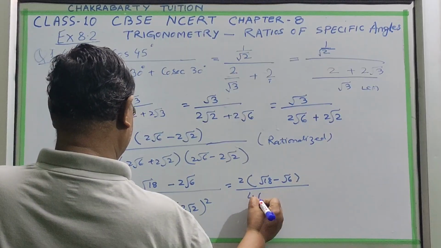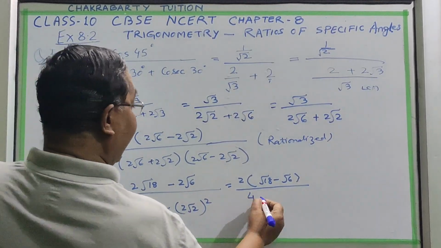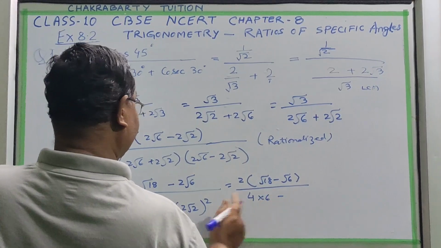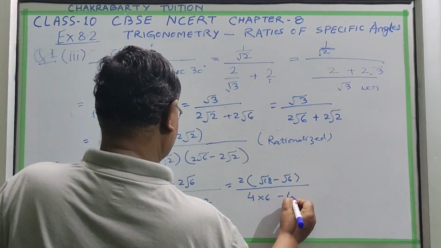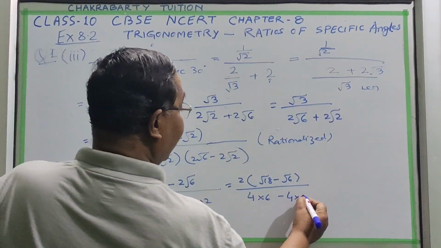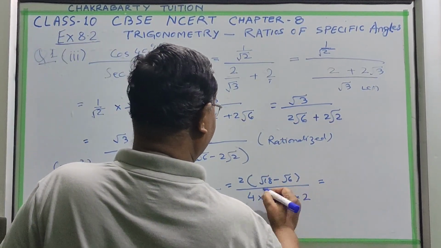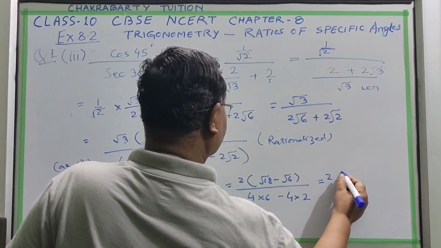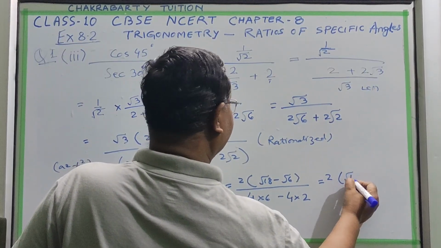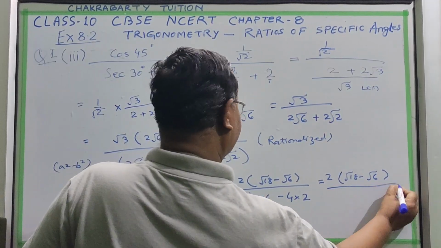And in bracket it will become 4 into 6 because this under root will go out and it will become 6 minus 4. 2 2s are 4 and this 2 power will go, under root will go. So what will remain? 2 in bracket under root 18 minus under root 6 and what will remain here?